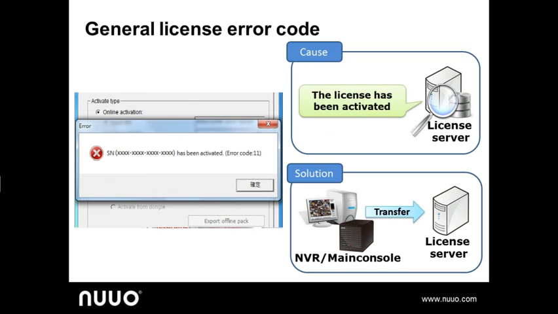Error code 11 occurs very often. It means the license has been activated, so you cannot activate it again. Sometimes, if the network quality is not stable, this issue also occurs when you activate a serial number.